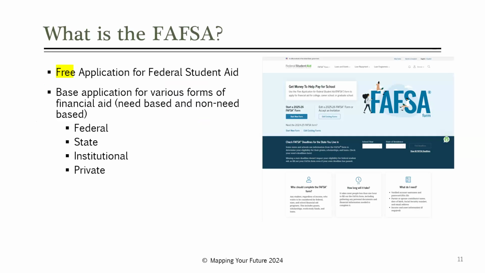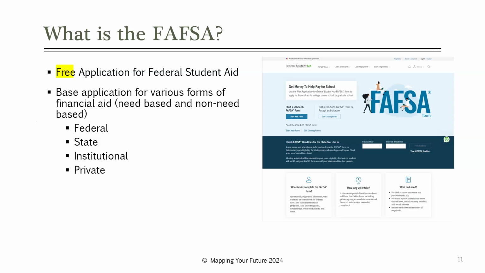So now on to the really fun part. What is the FAFSA? The FAFSA is the Free Application for Federal Student Aid. Note the word free is highlighted, as you should never have to pay to complete the FAFSA. The FAFSA is going to collect demographic and financial information about the student and the family. This information collected is used by other organizations to award financial aid.